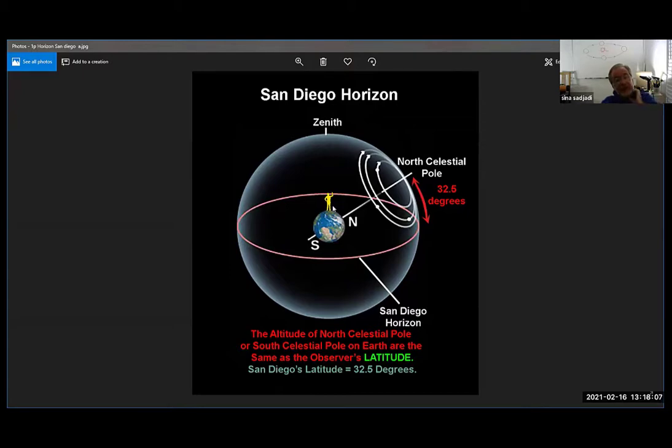When I look at my zenith, you can look at your zenith. How many degrees above your horizon will you find zenith where you live? Would it be 32? 90. How many degrees above your horizon is the zenith? 90 degrees.